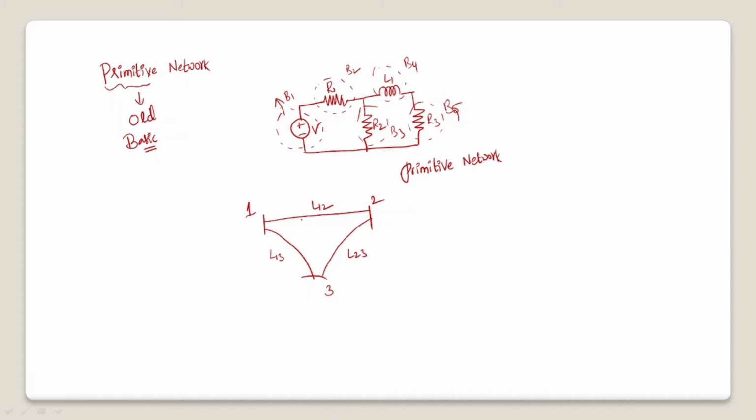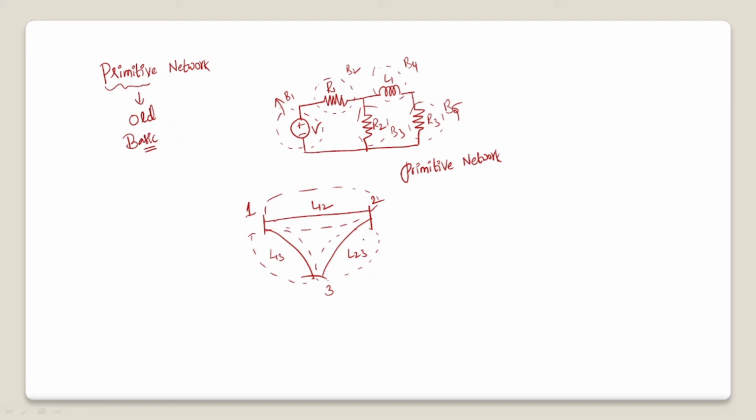These are the three lines between buses 1, 2 and 3. We can call each and every line a single primitive network: L12 as one primitive network, L13 as another, and L23 as another.